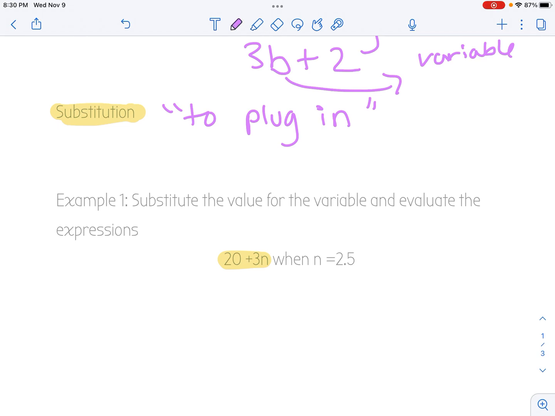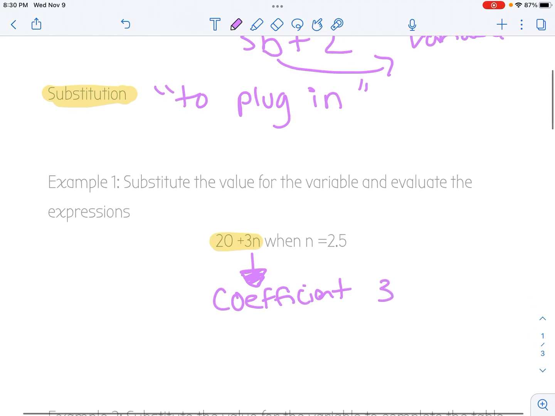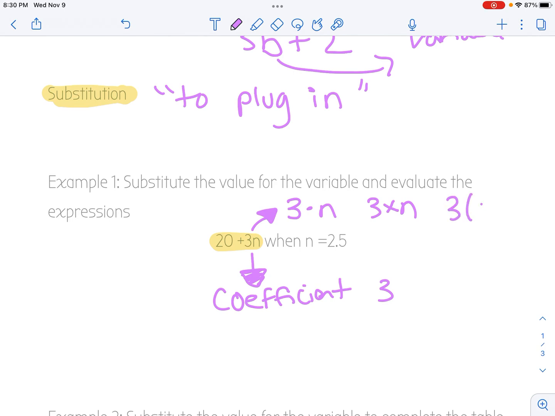Now first, we have a coefficient here, right? When a number is right next to a variable, our coefficient is 3. Coefficient also means to multiply. Whenever you guys see a number right next to a variable, that coefficient, that's really just taking out the multiplication sign, right? Because we can write multiplication with our little dot, with X, even though we're trying to get away from that since it looks like a variable now. And we can also write it with parentheses.